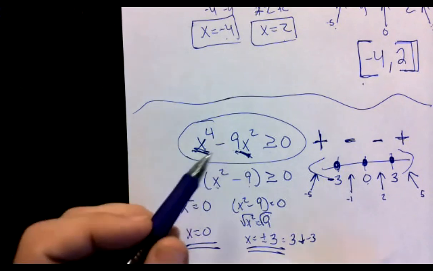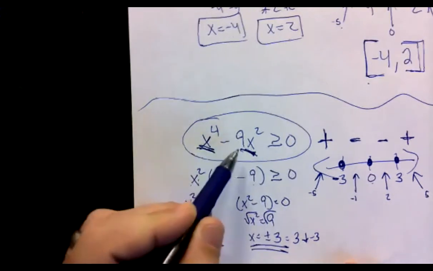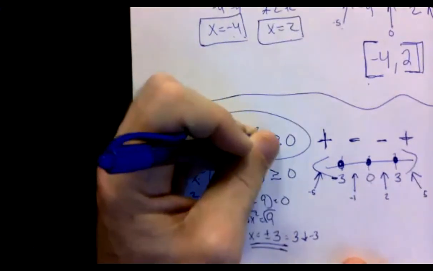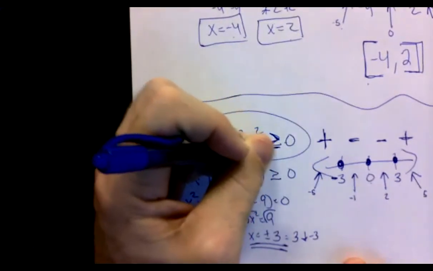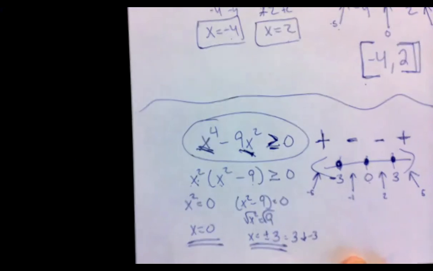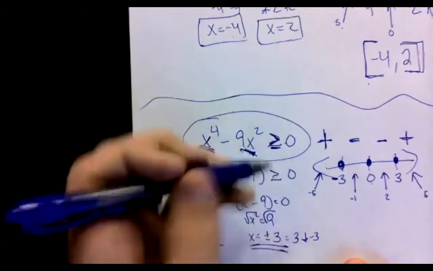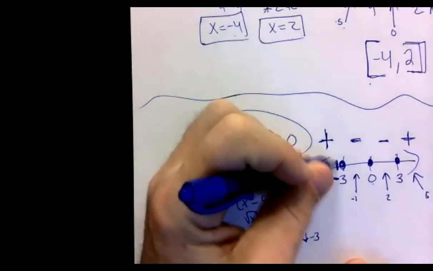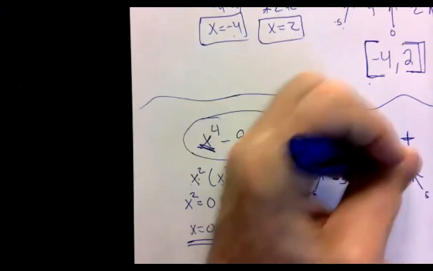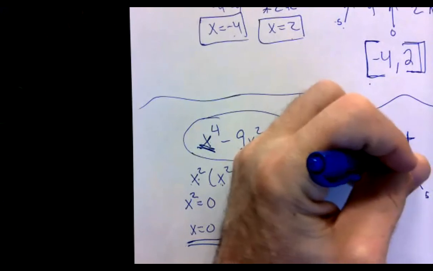Okay, and remember, we're looking for the values that are bigger or equal to 0. So in that case, that'll be your positive values. Your positive values are going to be the ones that are bigger than 0. So all of these and all of these.